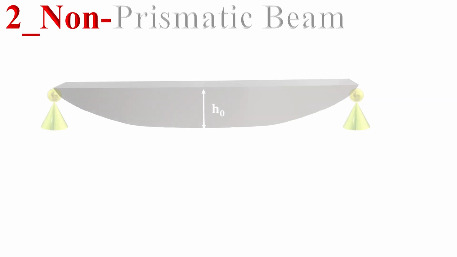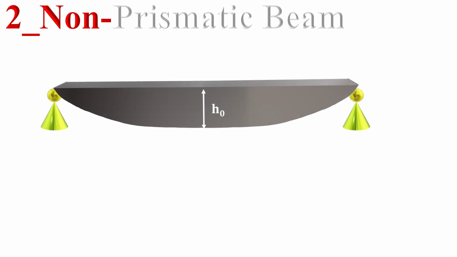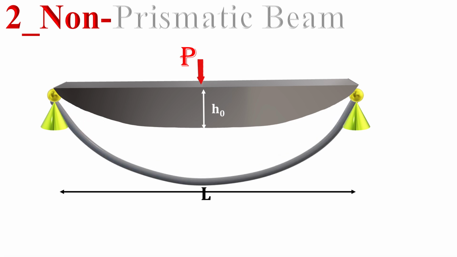Wow. So if you consider a non-prismatic beam with two simple supports, a continuous change in the cross section, and a concentrated load of P, we easily calculated the delta maximum, which is PL cubed over 24 EI.